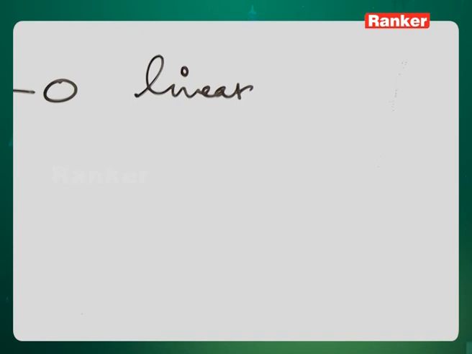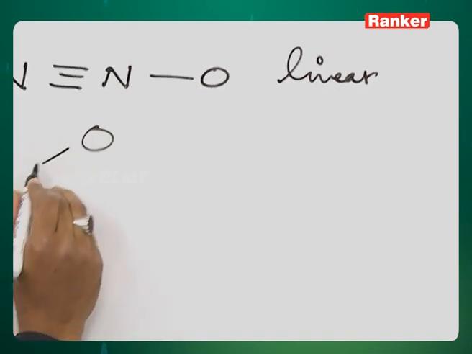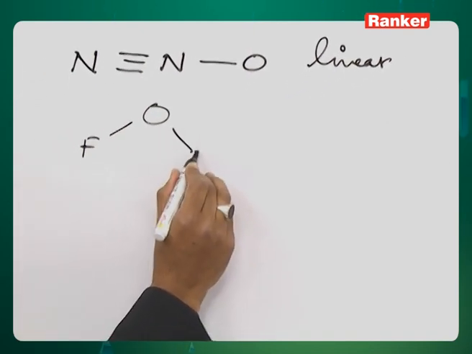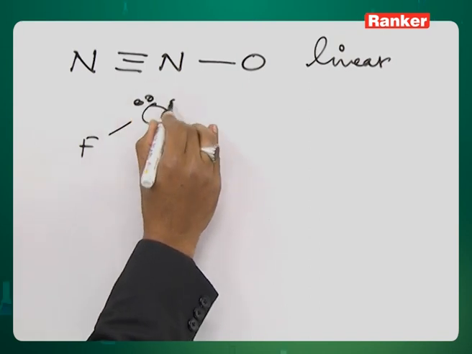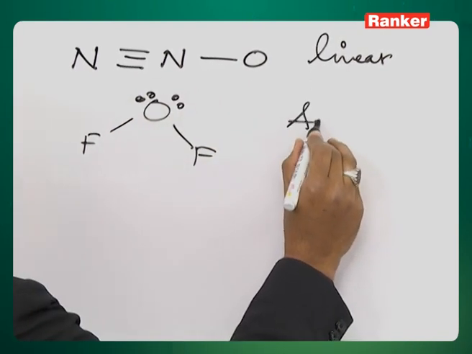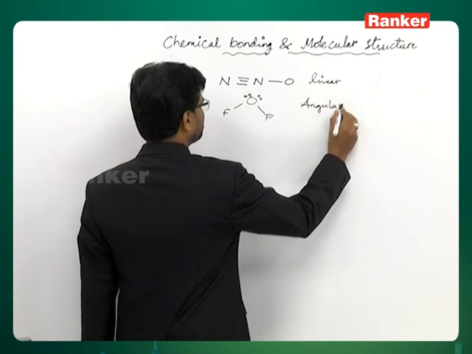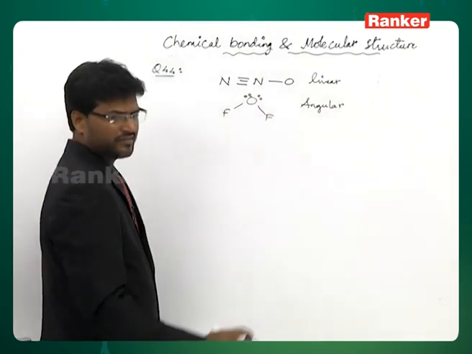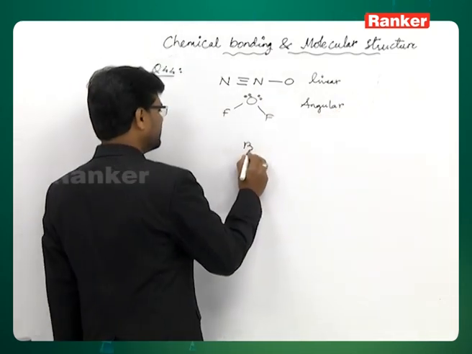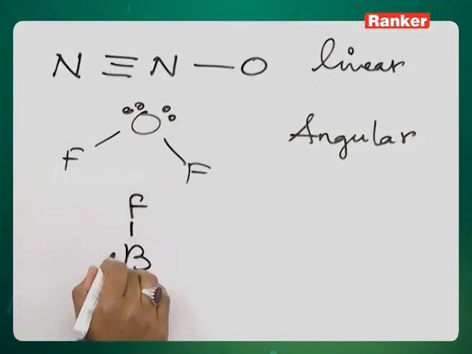Then the next molecule F2O, here oxygen is the central atom and two fluorines are the surrounding atoms, and it has got two lone pairs, so it is angular. Then you have BF4 minus. BF4 minus will be tetrahedral.